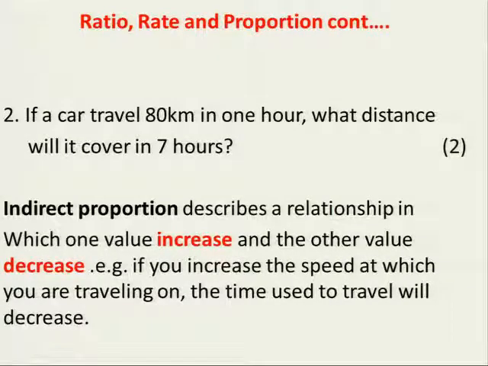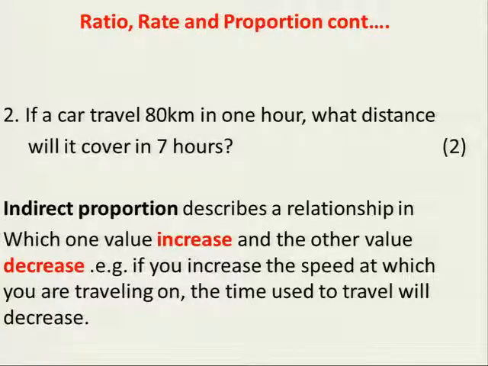If a car travels 80 kilometers in 1 hour, what distance will it cover in 7 hours? So now we have 80 kilometers. I'm just going to write what we have there.